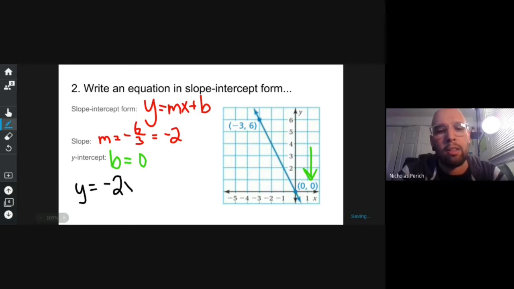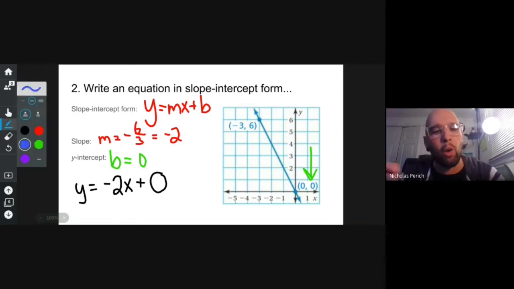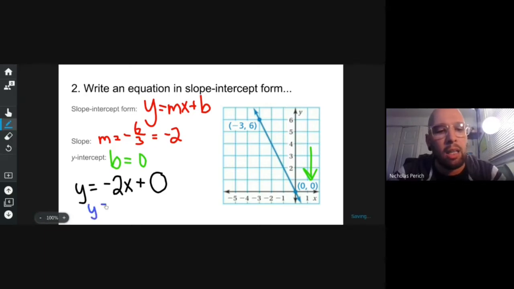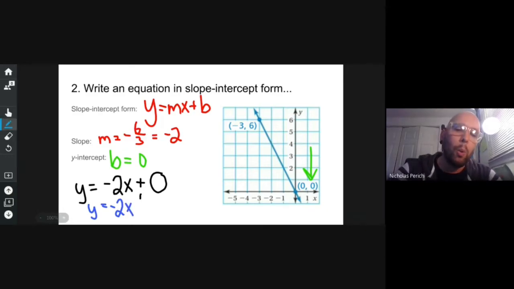So y equals negative 2x plus b. And I just found out that b is 0. Well, this is ridiculous. I don't need that 0 there, so I'm going to rewrite it again like I did last time. Y equals negative 2x and leave it be.